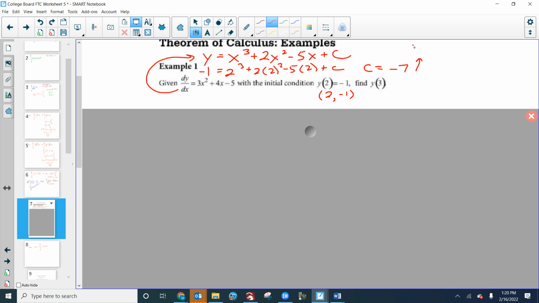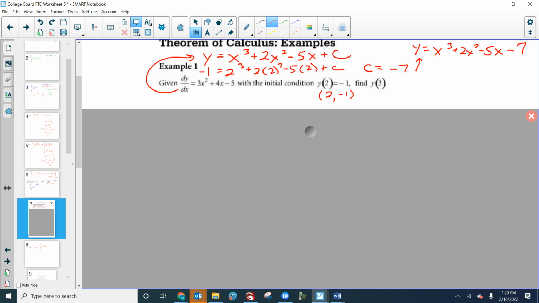So y equals x cubed plus 2x squared minus 5x minus 7. That's a position function, right? How do I find out what y of 3 is? Plug 3 into that function. That's the path we've taken for a long time. That should be comfortable to you, all right?